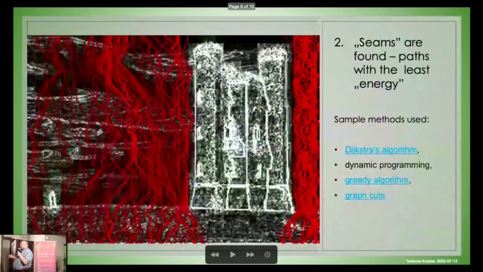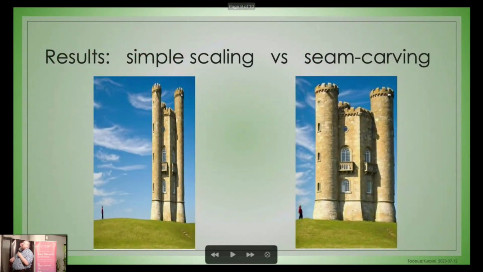And here is the comparison between simple scaling, where every pixel is treated the same way, every pixel is resized in the same way, and seam carving, where the important pixels are preserved, not distorted, and the unimportant pixels are completely removed.